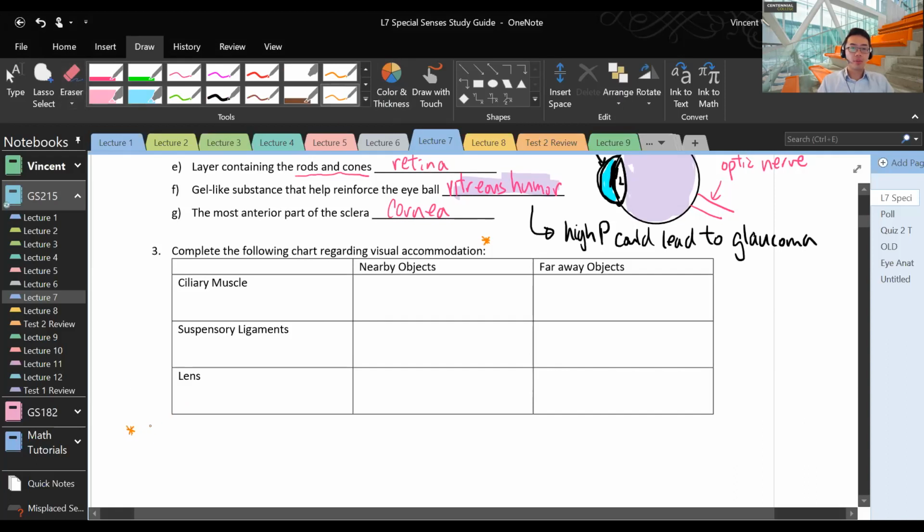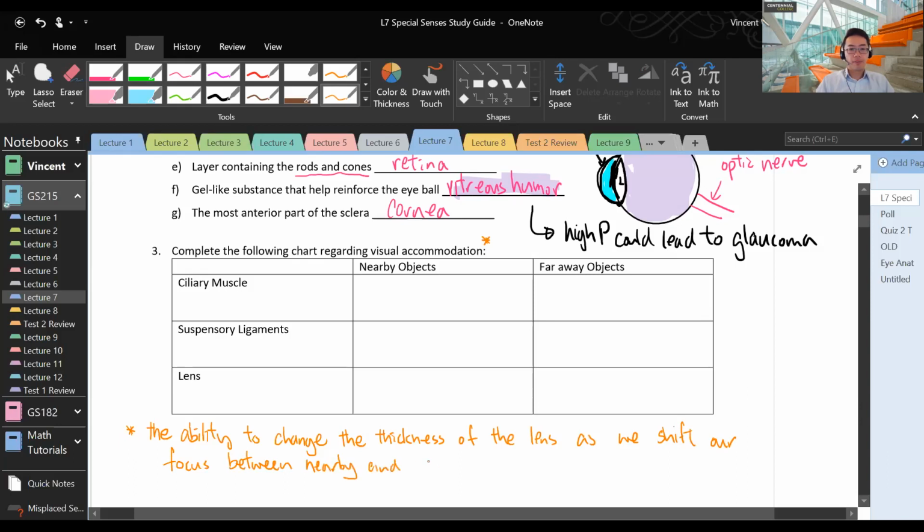Okay, so visual accommodation refers to the ability to change the thickness of the lens as we shift our focus between nearby and far away object.